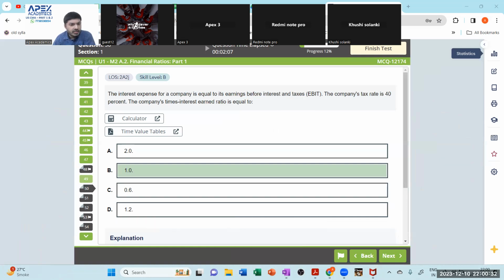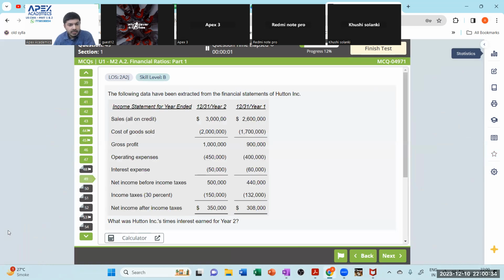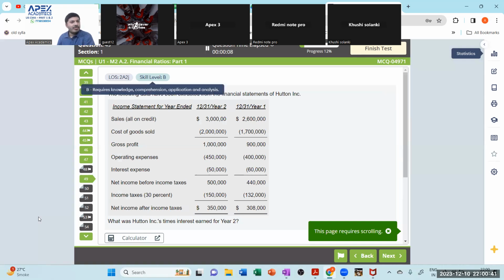Now 49 times interest earned ratio for year number 2. Now see, they have purposely given you a complicated sort of format.